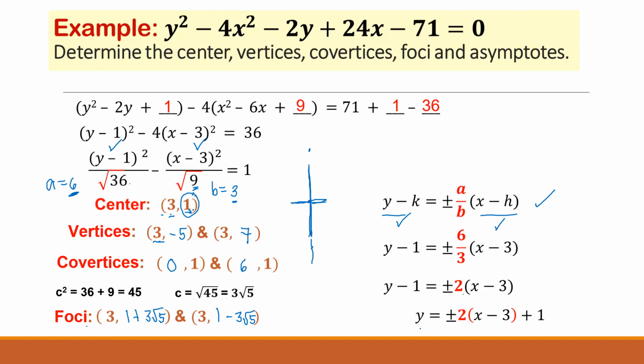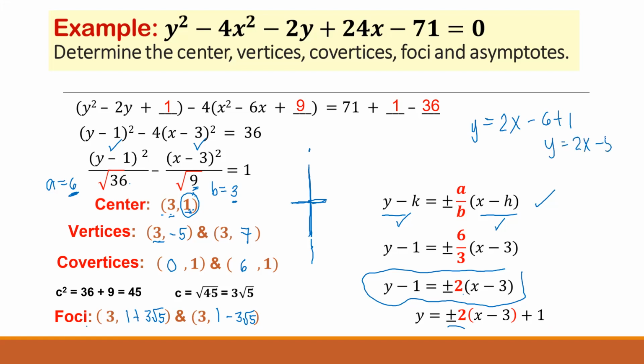So pwede nating ito yung final answer for the asymptotes in point-slope form, or pwede pang i-simplify further by moving the negative 1 to the other side. Actually, you can still simplify this further. Kapag kinuha natin yung positive version ng slope, that will be y equals 2x minus 6 plus 1, or y equals 2x minus 5.